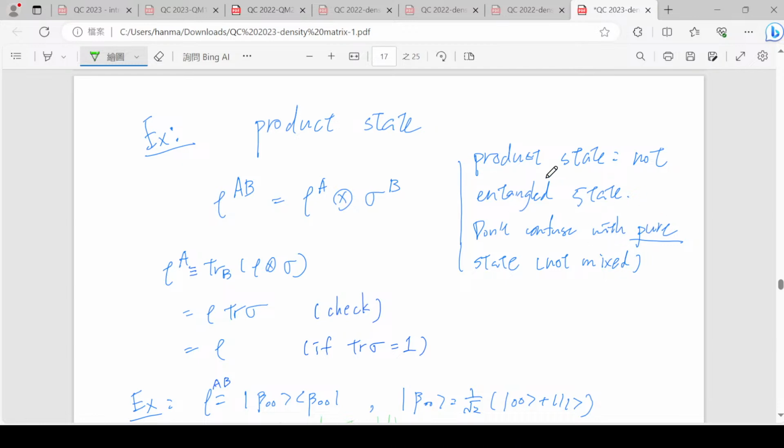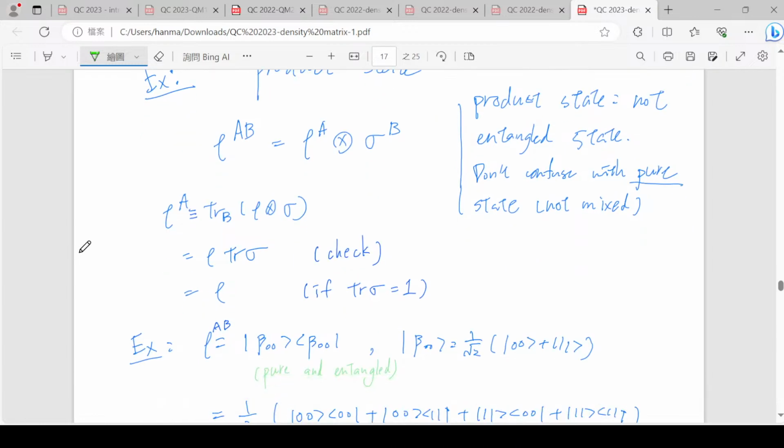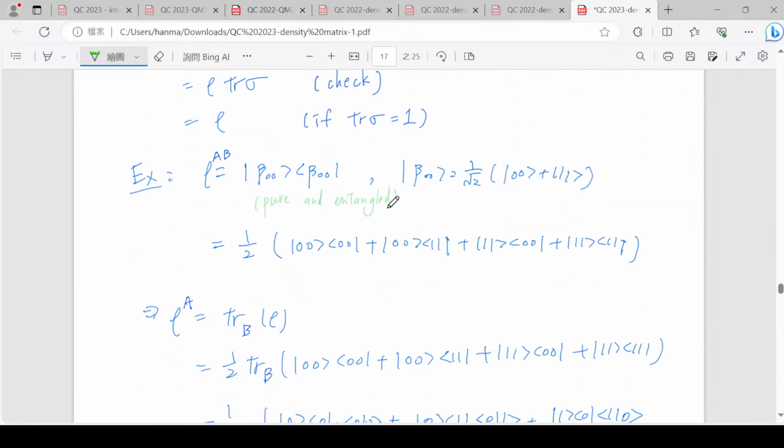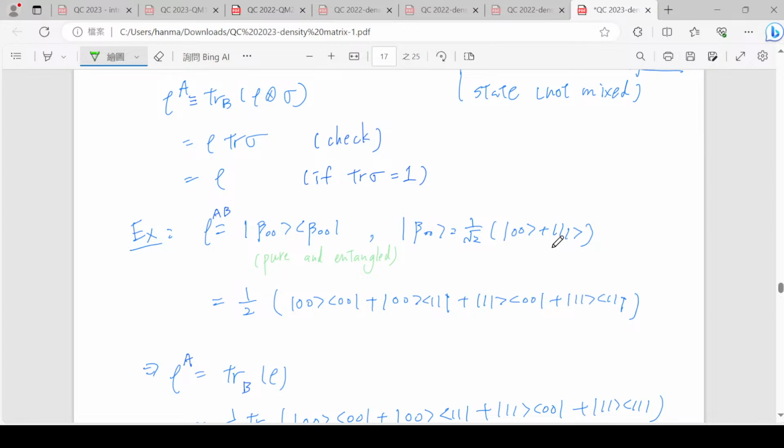But for now, you need to remember product state and pure state are different things. Also, entangled state and mixed state are different things, although there is some relationship between them. We'll say more later. But now you can see that we have a product state here that's actually a mixed state, because it has a mixed state on the A part, a mixed state on the B part. Okay, so this is an example of partial trace, and let's see more examples of partial trace.